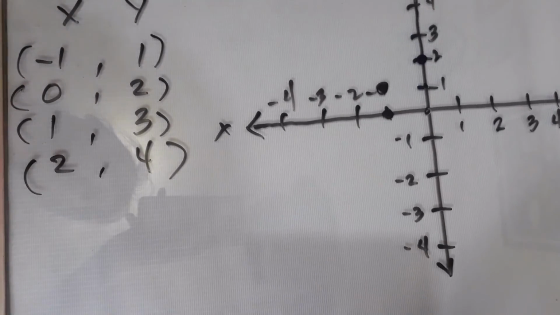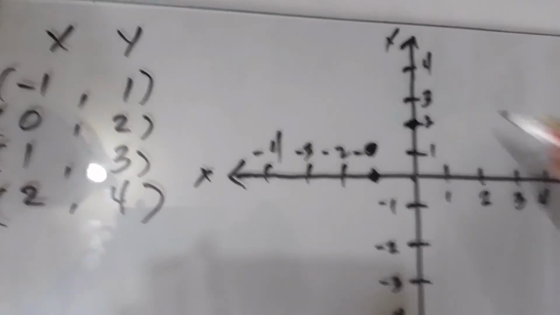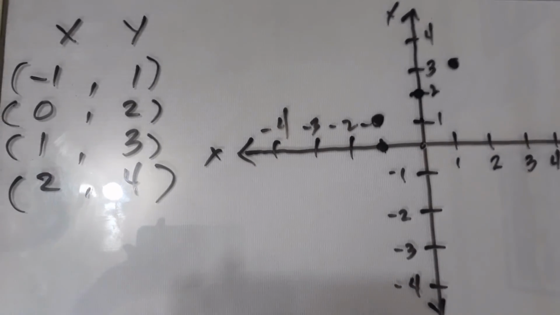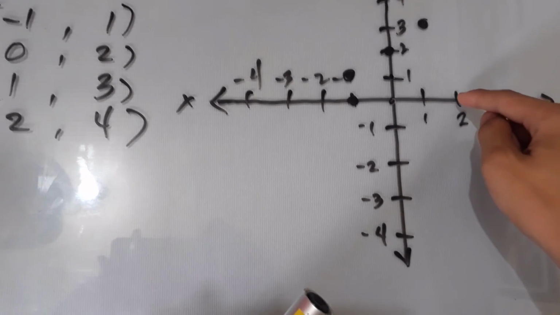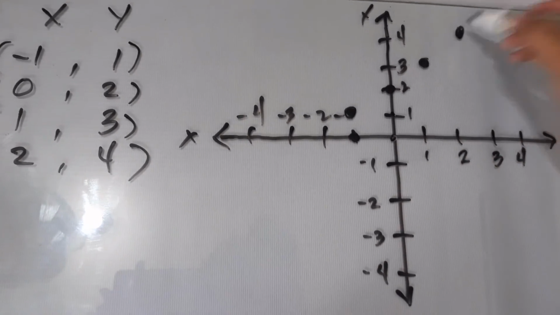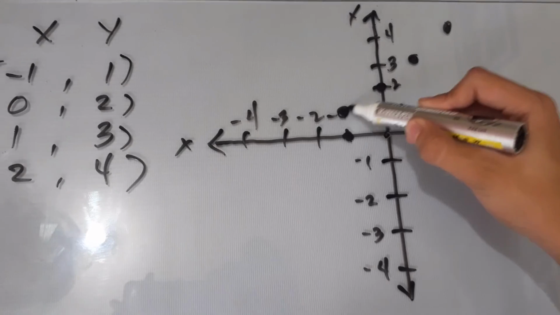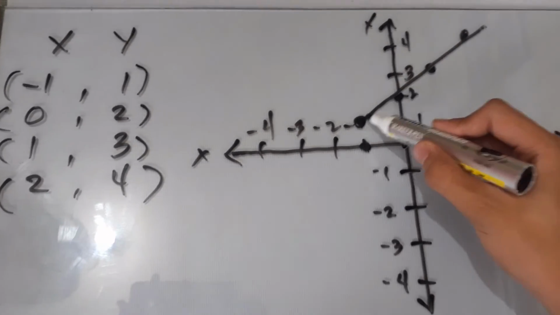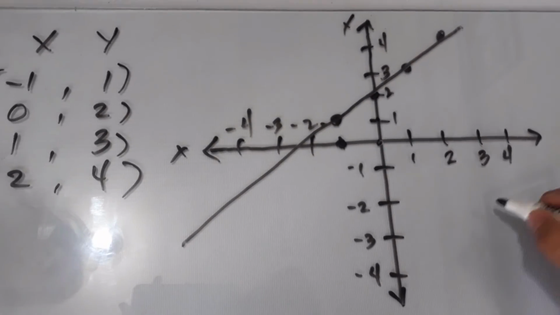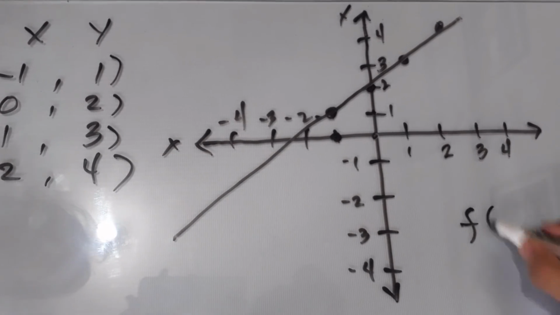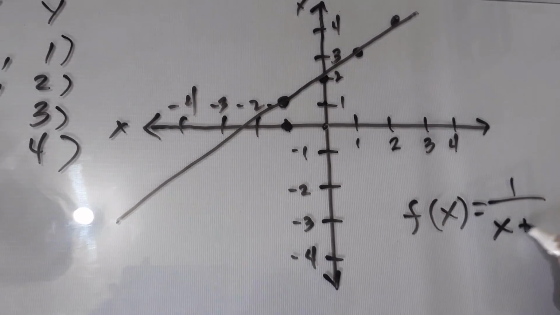Our x is 1, which is here, and our y is 3. And then our last coordinate, which is 2 and 4, would be here. Now, if we connect our coordinates, here would be the graph of our equation, which is f of x is equal to 1 over x plus 2.